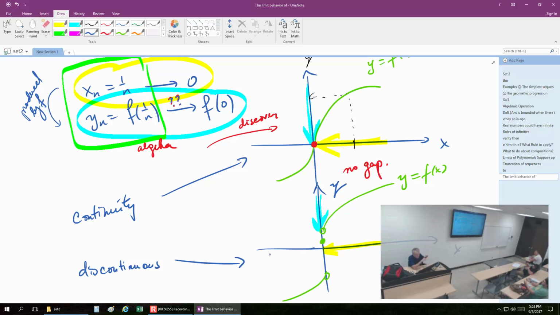It doesn't matter how close my x is over here, how close I am to 0. The error is not negligible. So this would be the error.